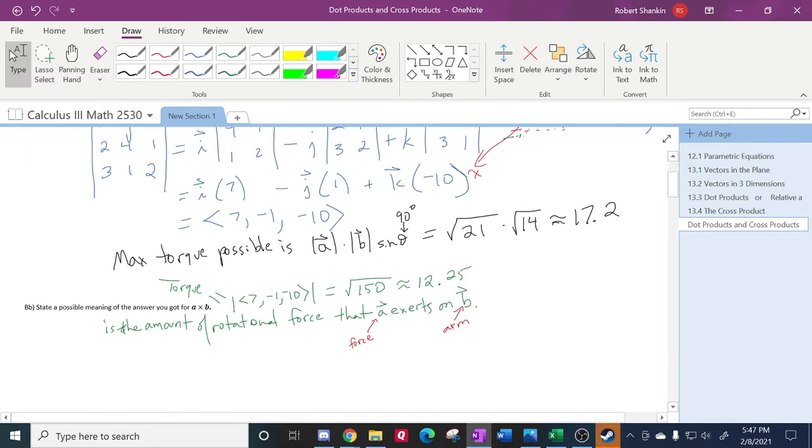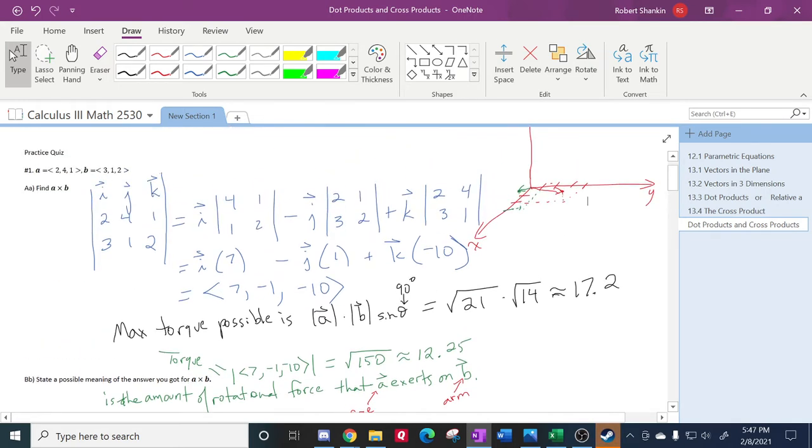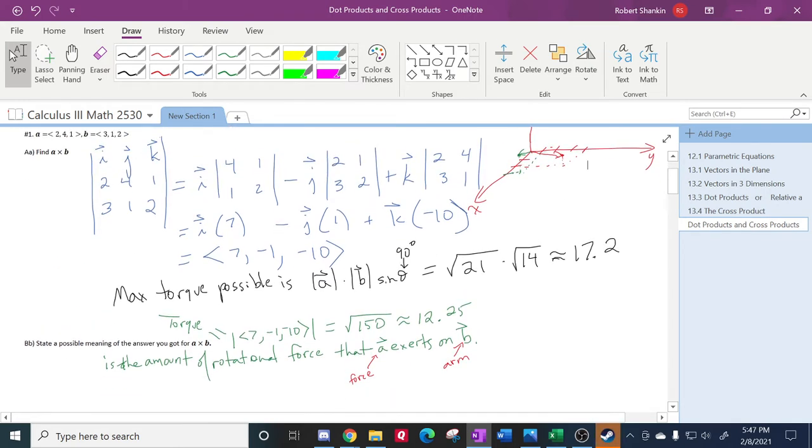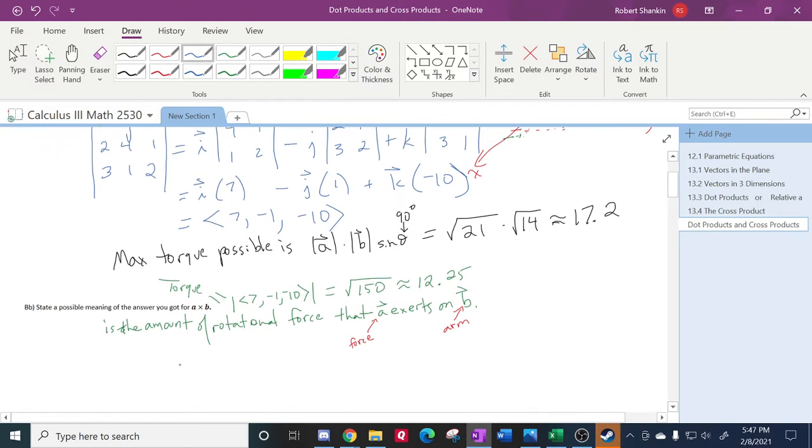Let's go next. That was group 2. Group 1, did you have another possible interpretation that's different than this one? We have basically that vector that we calculated, A crossed with B, is a vector that is orthogonal to both A and B. So it's like a measure of how orthogonal two vectors are with each other as well.